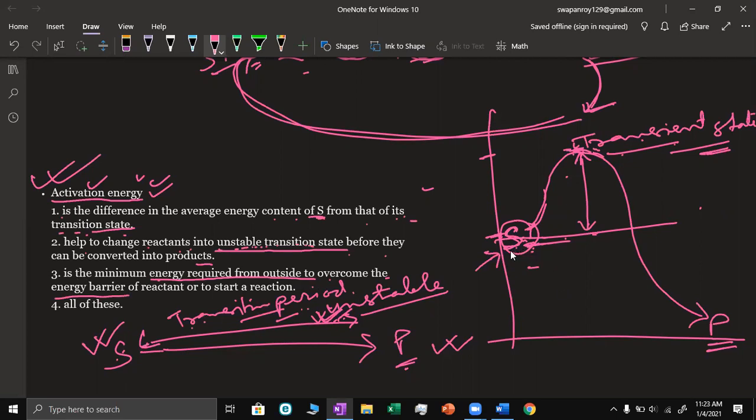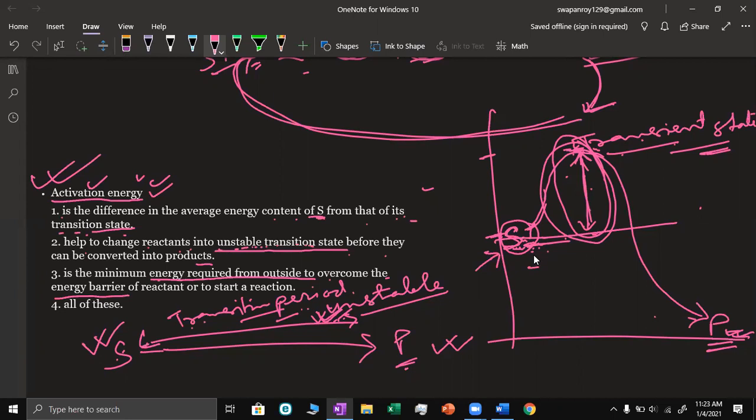Say this is the substrate and this is the product. To come from the substrate to the product, this much energy is required.